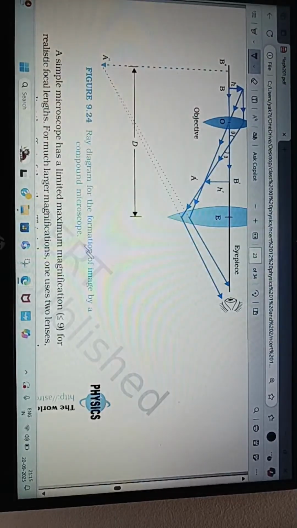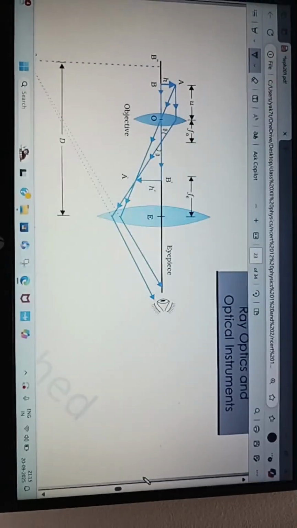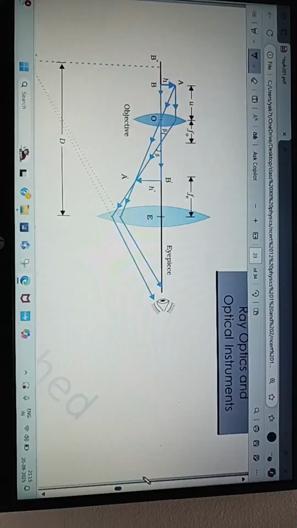This is called compound microscope. Okay. In compound microscope, how many lenses are there? Sir, in compound microscope, 2 lenses are there, sir.